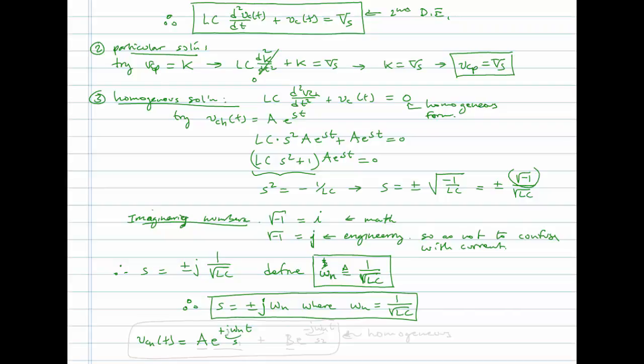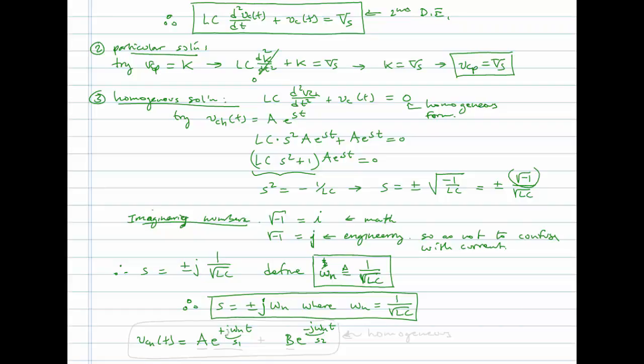This is s here. I'll call it s1. That's a solution. But we also have some other constant, I'll call it B instead of A, B e to the minus j omega n t, where minus j omega n is s2, or second root. That is also a solution to our homogeneous solution.